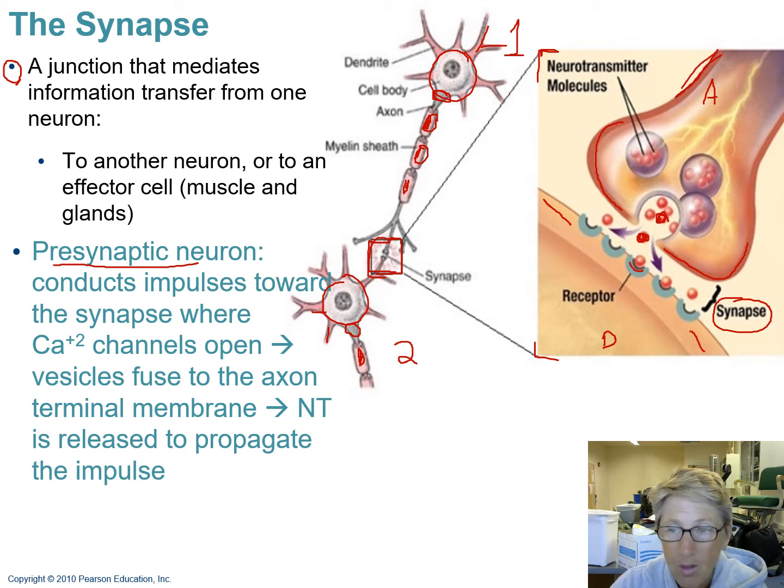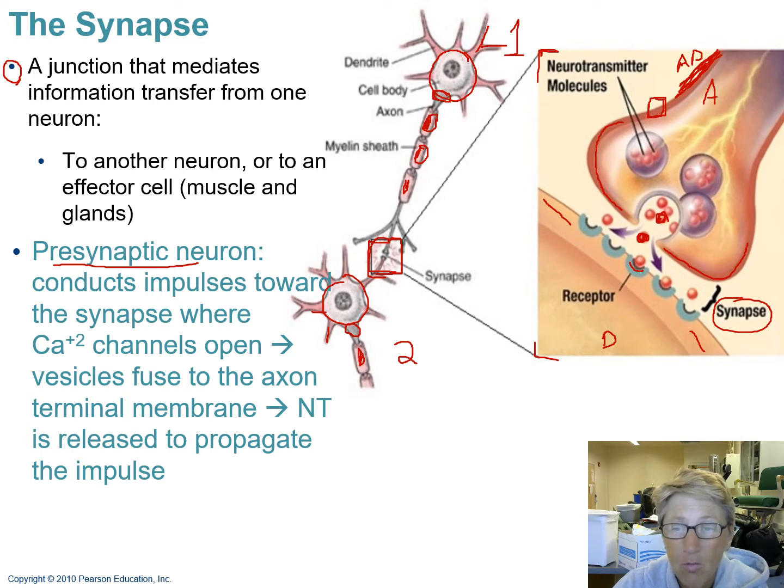So the neuromuscular junction, that motor neuron axon, was going to conduct action potentials down the length of its axon. And then at the neuromuscular junction, if you remember, there were voltage-gated calcium channels in the membrane of the axon terminal.